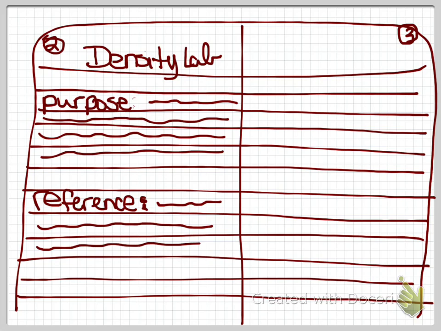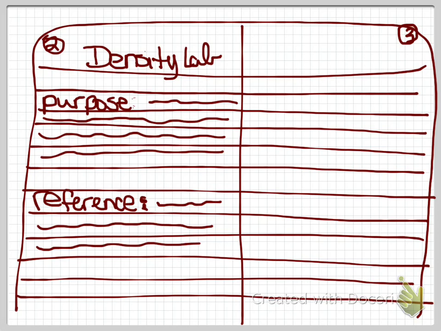Then you're going to skip one line, and you're going to write your materials. Now, I did forget to write your materials for this particular lab, so I'm actually going to use this as an opportunity to tell you what materials you're actually going to need for this lab. And since I'm also at the bottom of the page, I explained this in your how-to, but I'm going to show you how to do this.